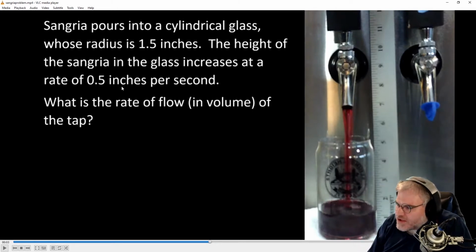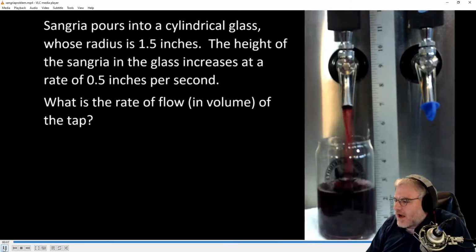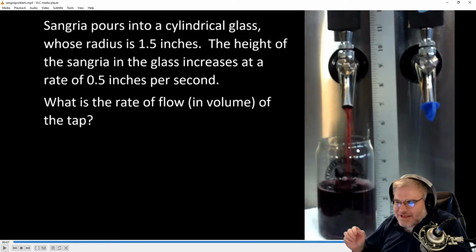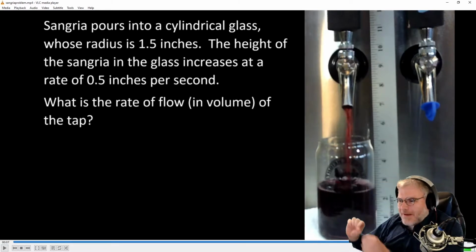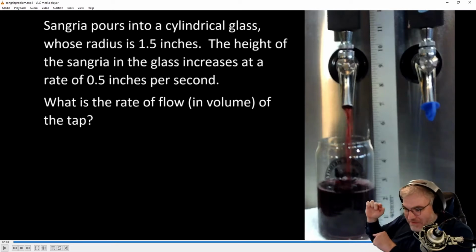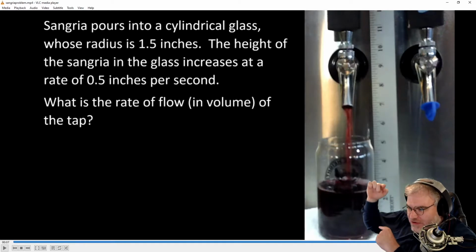I know the change in the height. It's going up at 0.5. It was very difficult to do this. This is a movie we shot last year, and it took like six takes to get this right. It still wasn't perfect because the ruler is out of frame. But if I watch it, I can figure out the change in the height of the sangria.